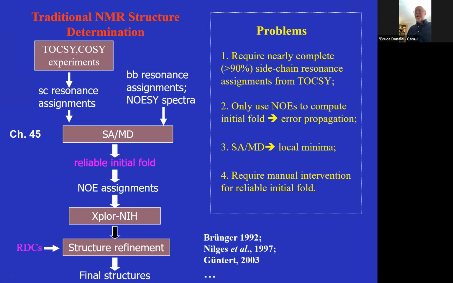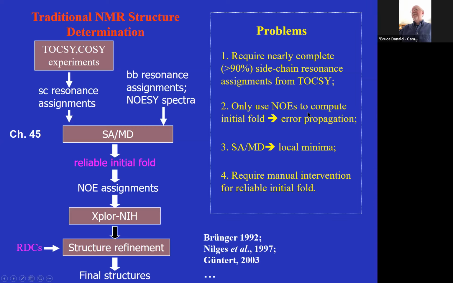So there are many issues we'd like to improve in this, and this is a great place for methodology people. One is that it's hard to do assignments. You have to have nearly complete assignments in order to do this, nearly 90%. And the initial fold is made only using NOEs, so we're going to get some possible errors there. We're using a subset of the data.